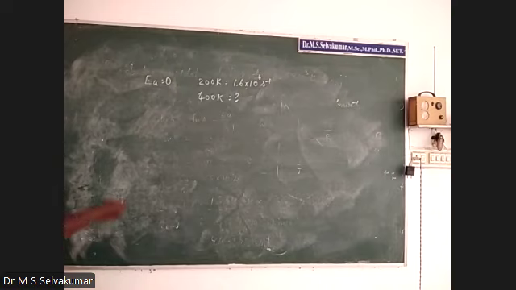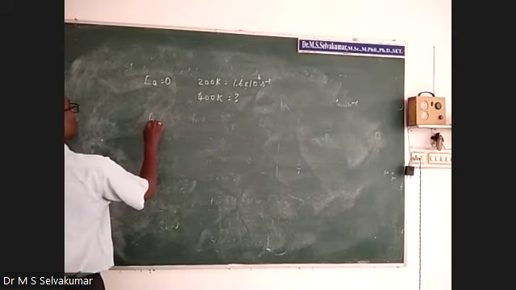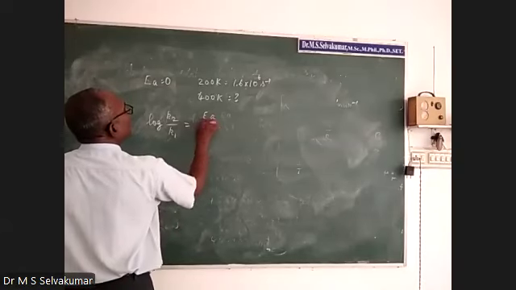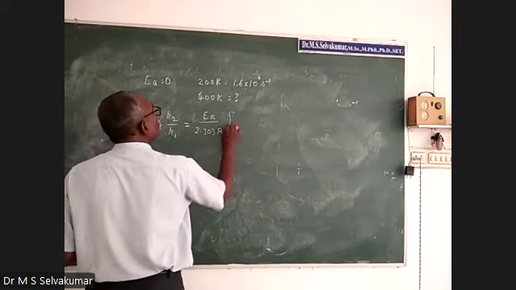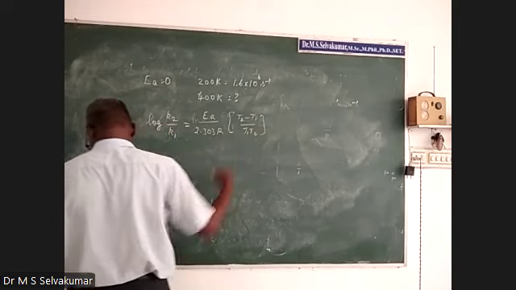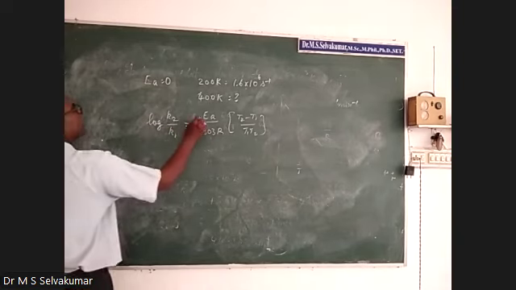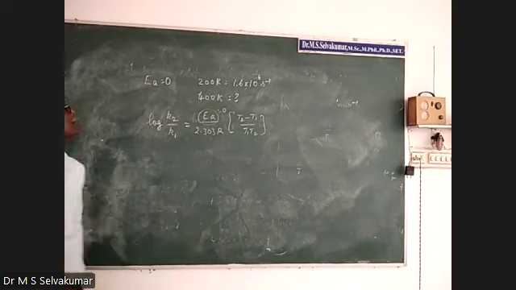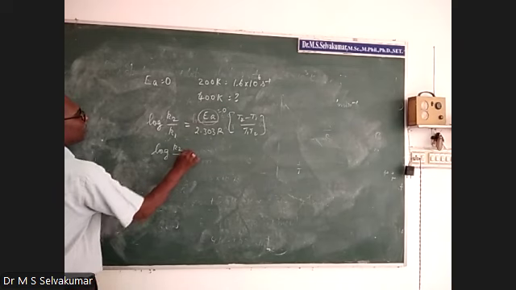See, you should know the integrated form of the Arrhenius equation, which is log K2 by K1 is equal to Ea by 2.303 R into (T2 minus T1) by T1 T2. According to the given data, Ea is equal to 0. Therefore, log K2 by K1 is equal to 0.